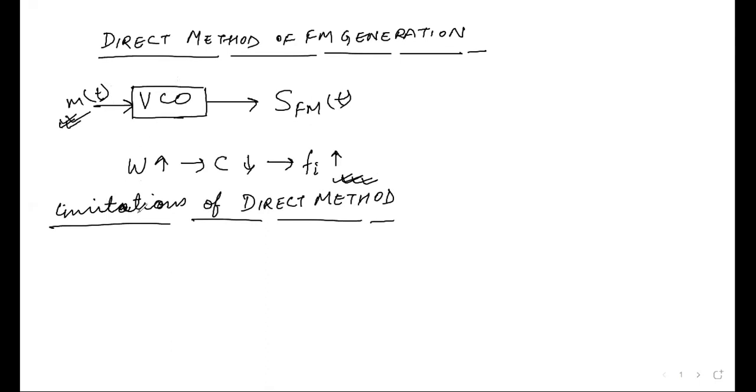The oscillation frequency, what we have seen here, is not very much stable. So these oscillators use tank circuits. In the case of direct method of FM generation, we have used the tank circuits, and the stability of those tank circuits is not good. So we can say that the first limitation is this.